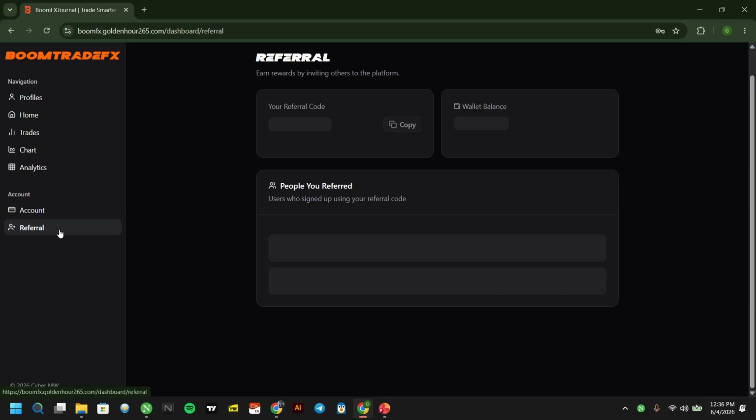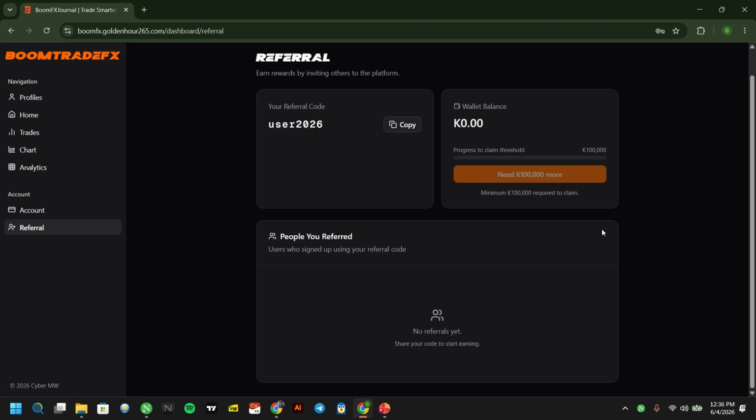And the last page is the referral page. On the referral page you can collect your referral code. On BoomFX, whenever you refer someone into the system, you'll be able to earn a little bit of cash. What happens is you copy your referral code and you share it with whoever. When they sign in using your code and purchase a subscription, you earn a percentage of money from that subscription.